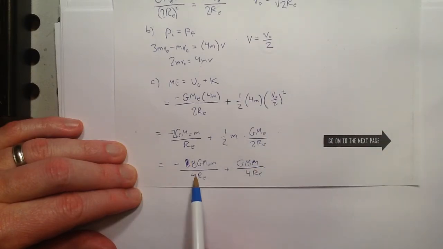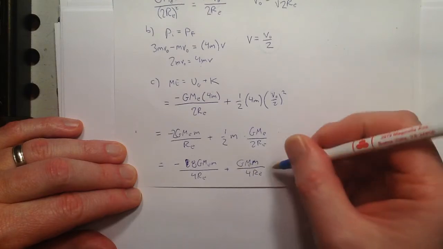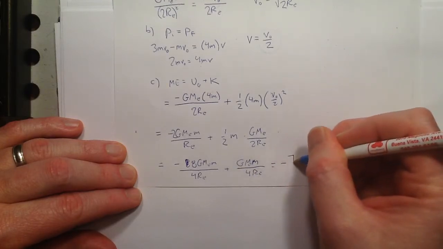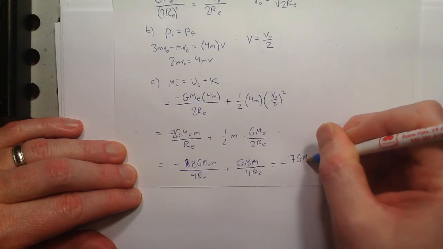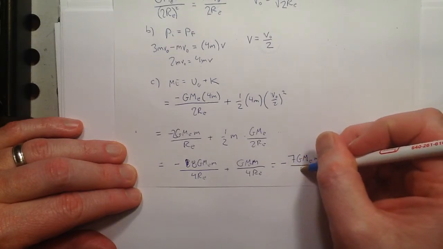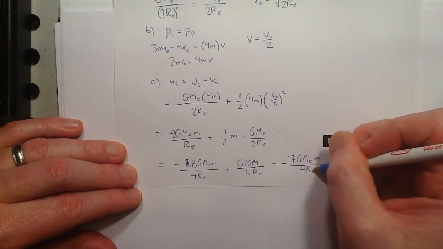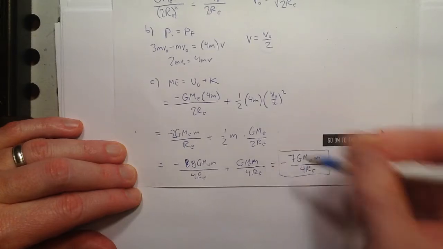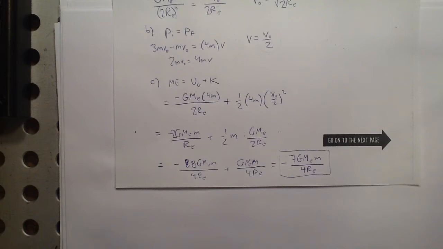So I have negative 8 of these plus 1 of these, so it's equal to negative 7 G M_E m over 4R_E. Cool.